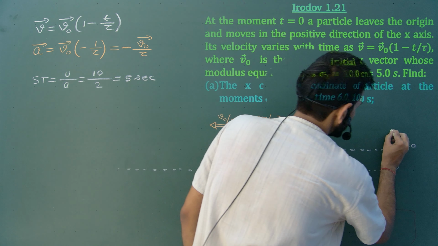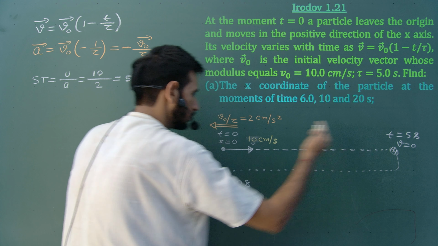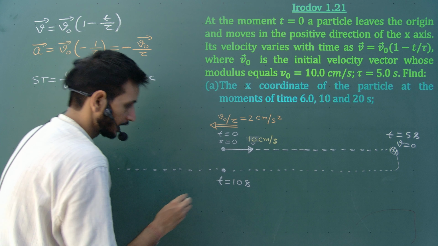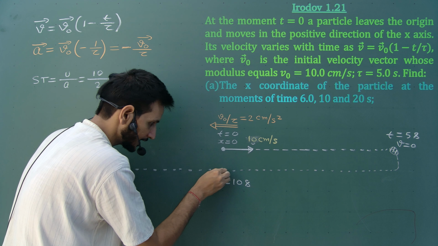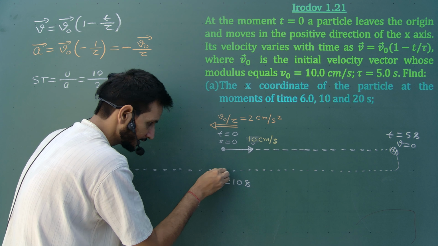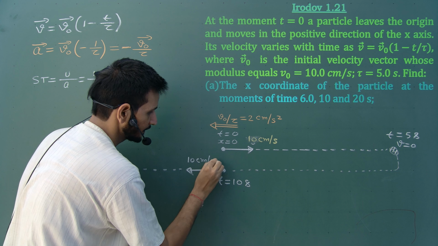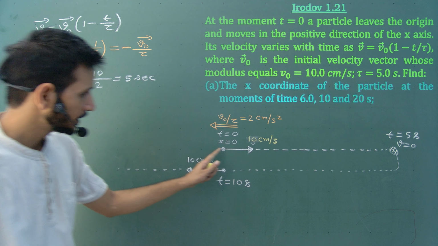Now this particle will again come to this point at time t equal to 10 seconds: 5 seconds to go forward and 5 seconds to go backward. When the particle reaches this point, the velocity will be in this direction and again of magnitude 10 centimeter per second.